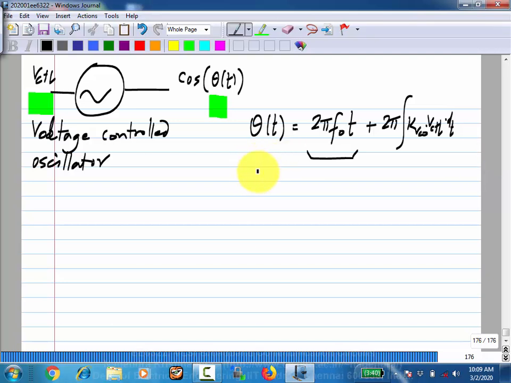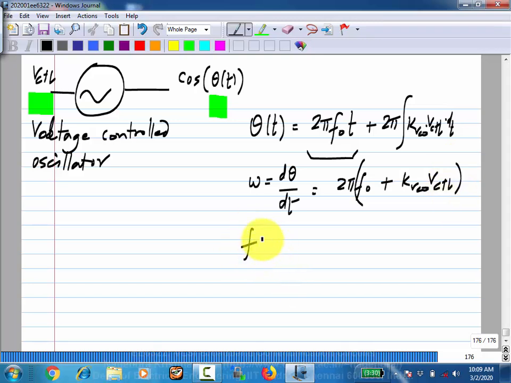So now if you look at the instantaneous frequency or omega, it will be 2 pi f naught plus kVCO times V control, or f, maybe I will call it omega i and fi, denoting instantaneous frequencies.